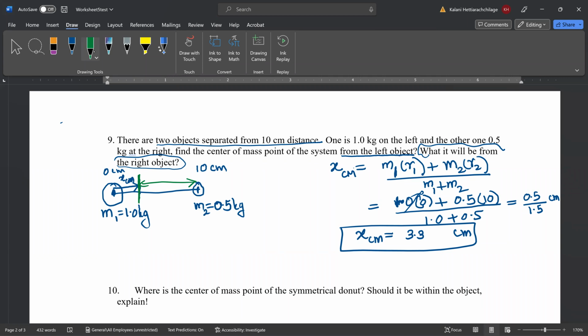But this X center of mass is from the left object. From the right object, X center of mass will be 10 minus 3.3, because you need to subtract. So 10 minus 3.3 will be, how much is that? That's a very simple calculation. I have around 6.7, right? 6.7 centimeters. This answer is from the right object.